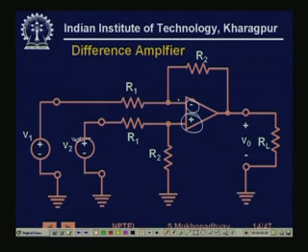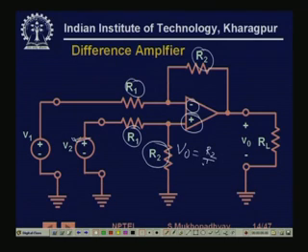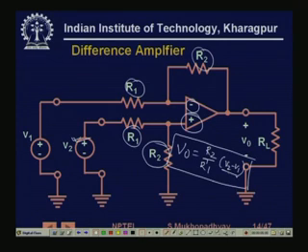So it's a combination of inverting and non-inverting, right? And also note that the resistance values are made equal. So what is the result is that you get V output equal to R2 by R1 into V2 minus V1. So you purely calculate the difference.